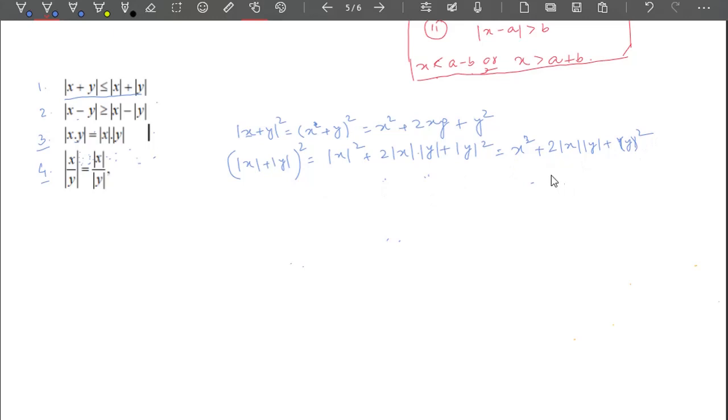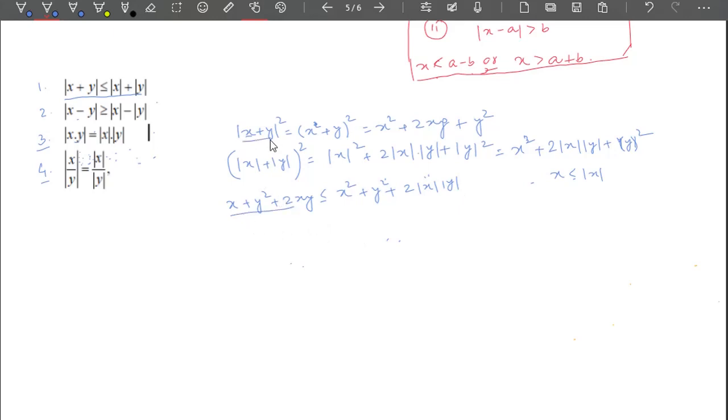Now xy is always less than or equal to modulus x modulus y. So can I write x square plus y square plus 2xy is less than or equal to x square plus y square plus 2 modulus x modulus y.